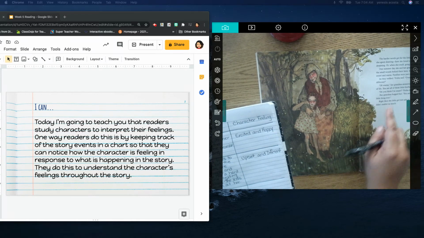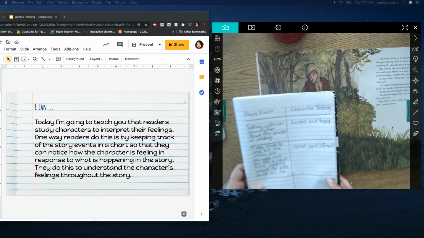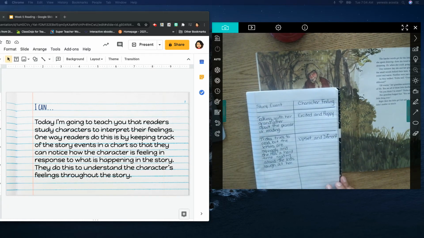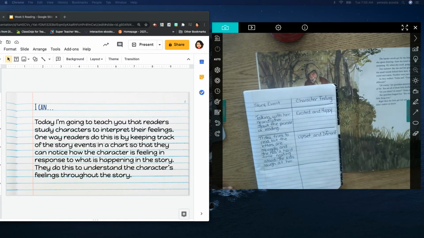So, what do you notice about these events, friends? Stop and think. What were the character's actions in the story? How do you describe how she was feeling?